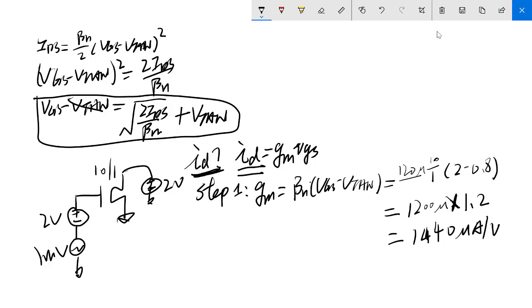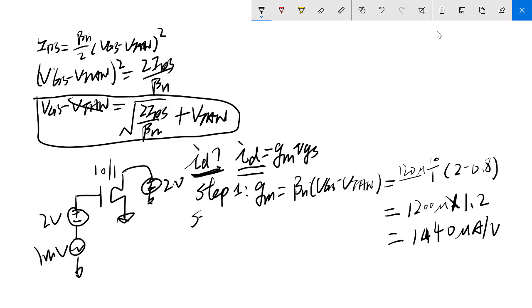Yeah, it depends on threshold voltage. I don't think there's anything wrong. So it's right. Beta n equals kpn times the width over the length, which is 120 microamps per volt squared, times 10, and then times this. It's going to be this. So that's step 1, right?